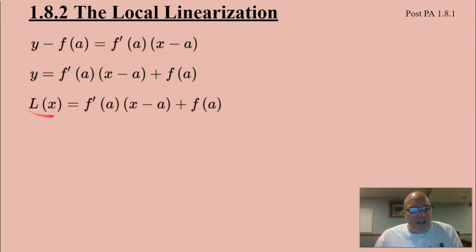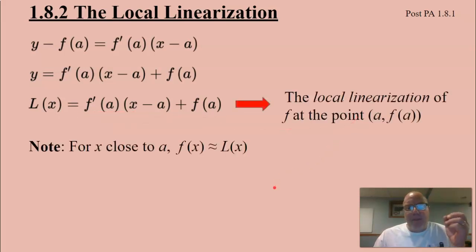So we're going to let L of x, which is the equation of the tangent line to f at some point a, be this function. And what that implies is that the local linearization of the function f at the point a, f of a is going to be the equation of this line right here.